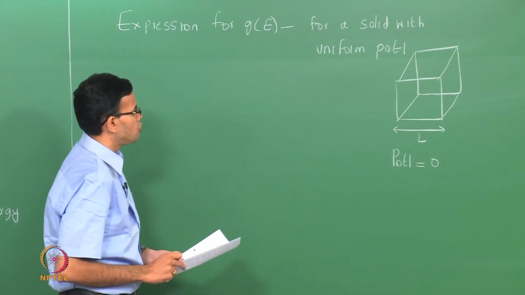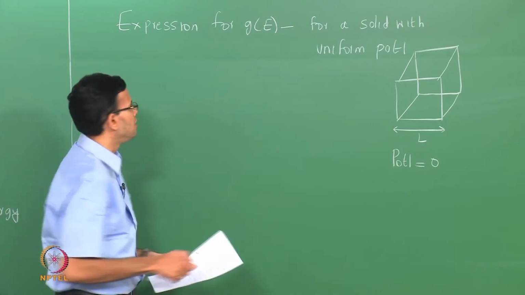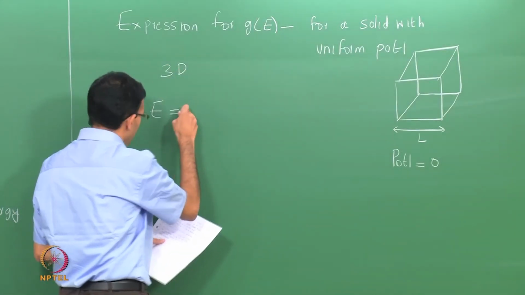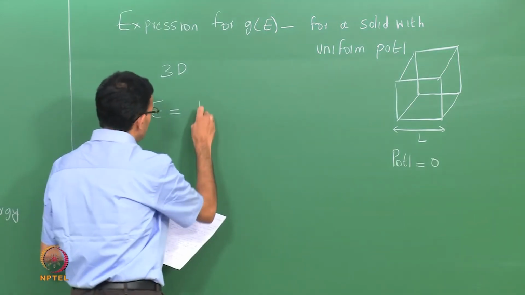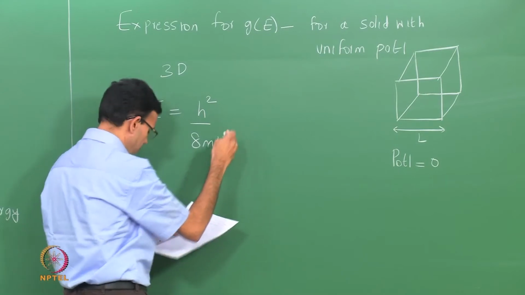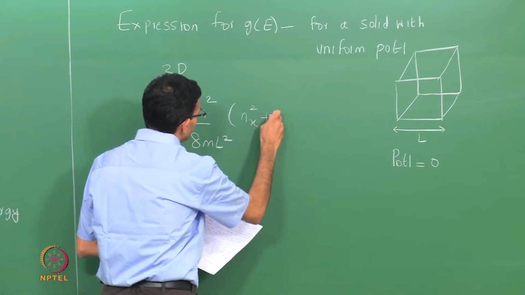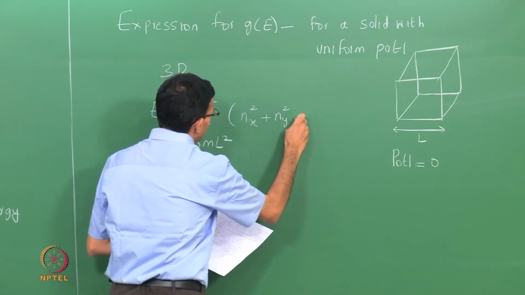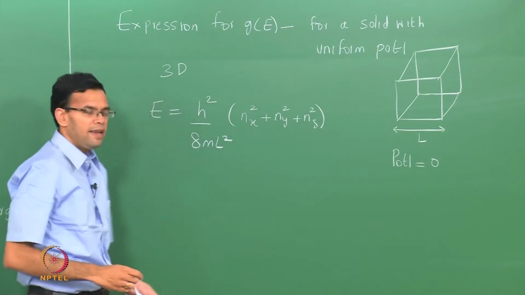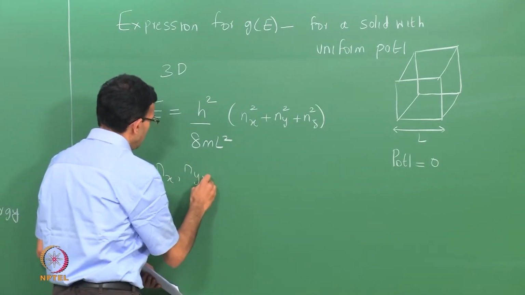In the case of a solid in a uniform potential in 3 dimensions, the energy E is given as h square over 8 m L square times nx square plus ny square plus nz square. Nx, ny and nz are called quantum numbers.